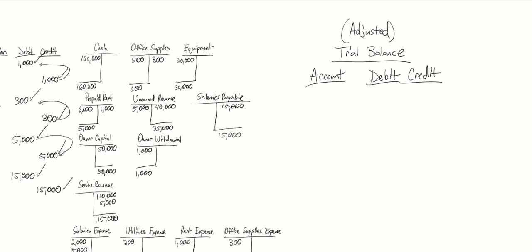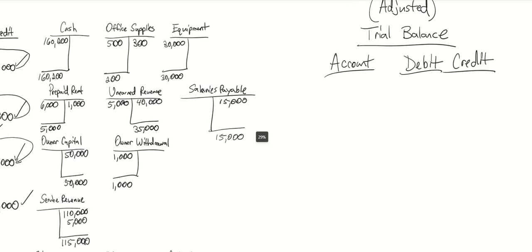First thing we're going to do, let me zoom in a little bit. There we go. I'm going to grab the cash account and put in $160,200 in the debit column. That didn't change. Next I'm going to put in prepaid rent. That has a debit balance of $5,000. We're looking at the ending balances here.